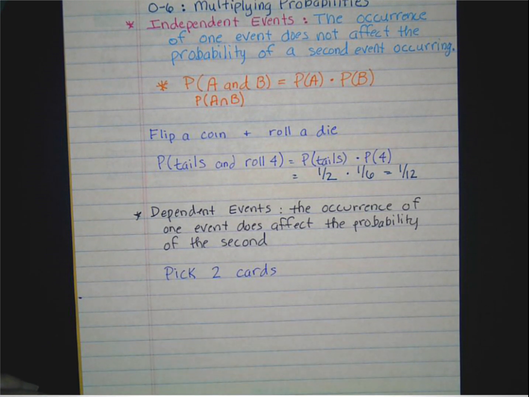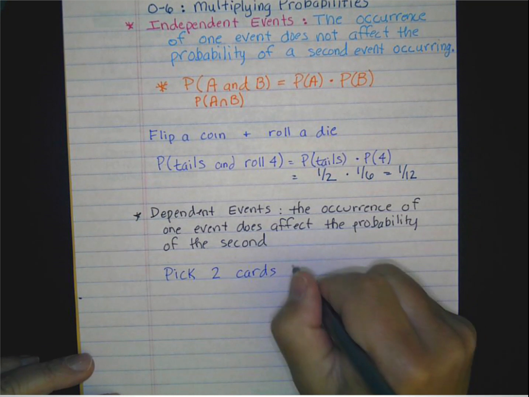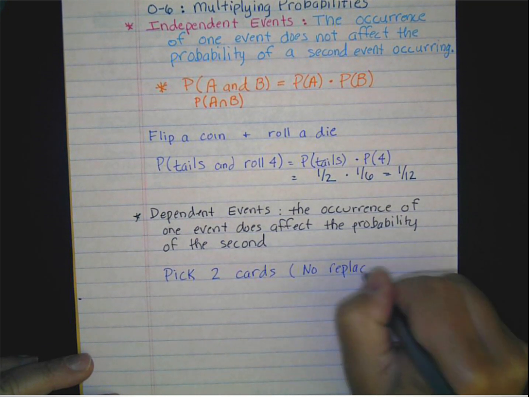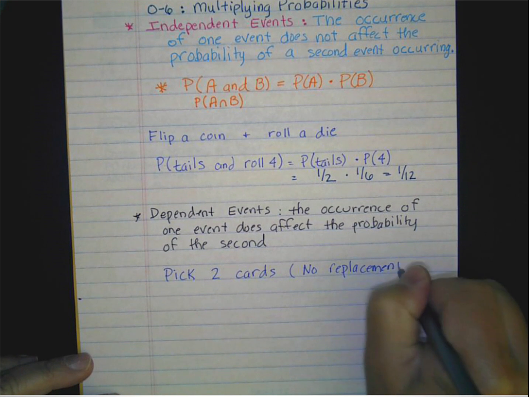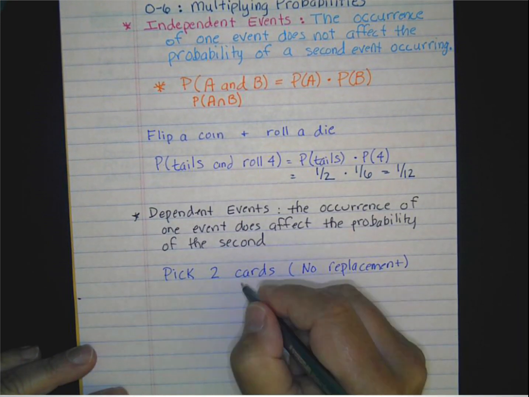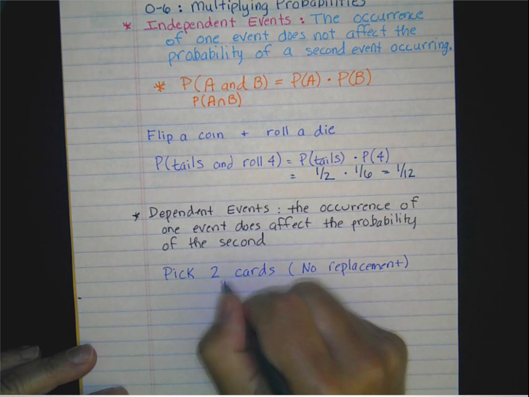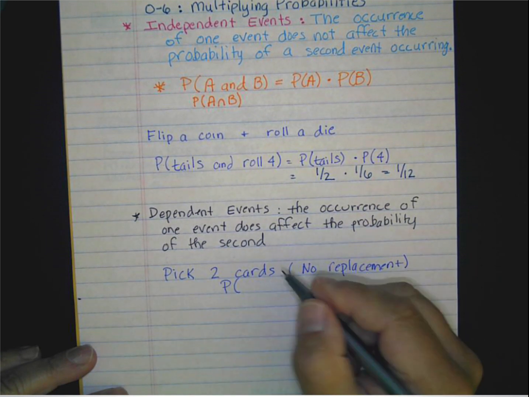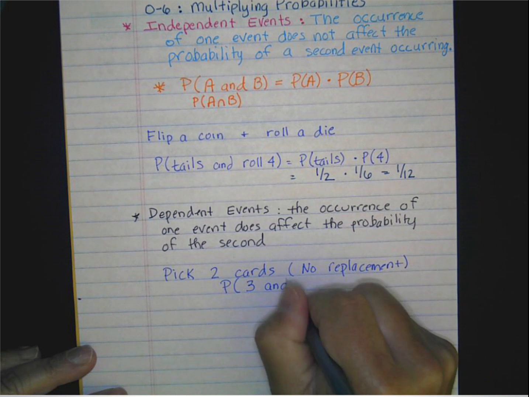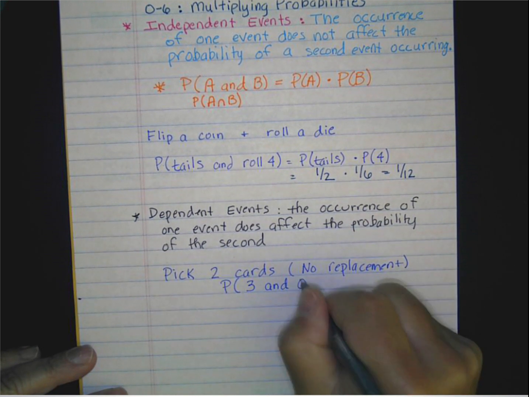We call that no replacement. That's usually what it says. So I want the probability that when I pick 2 cards without putting the first one back, I can pick, let's say, a 3 and a queen.